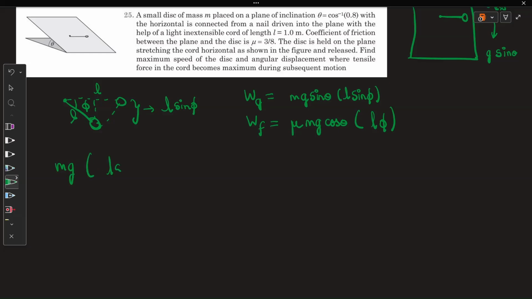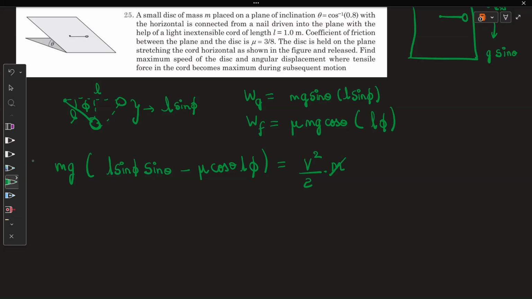mg into L sin phi sin theta. Okay. See, what does friction do? It does negative work because the friction direction is this direction, the displacement is along this. So, minus mu mg cos theta L phi is nothing but v square by 2 into m.